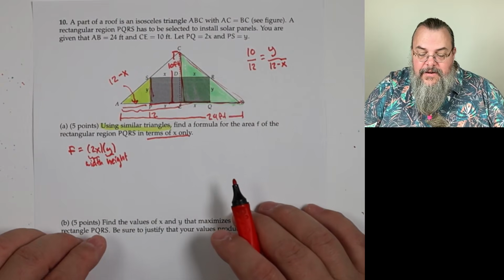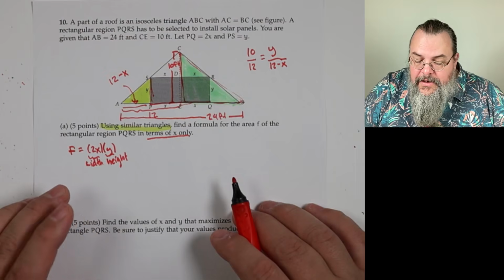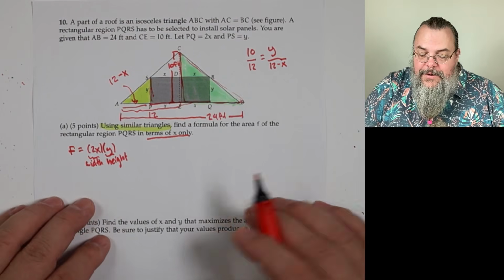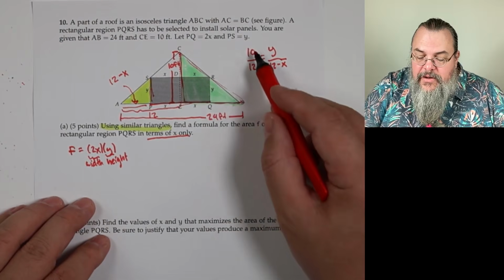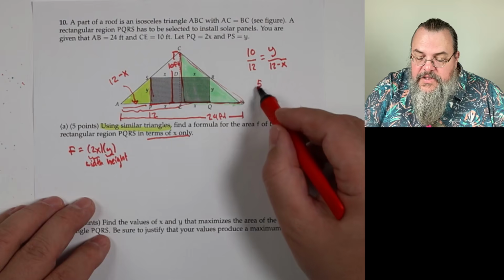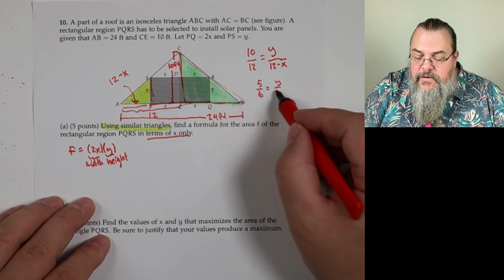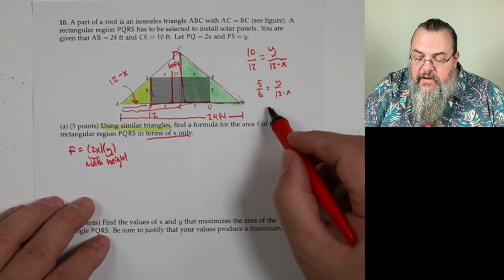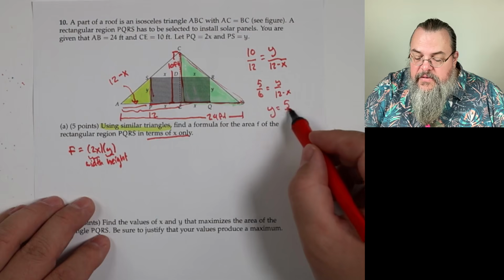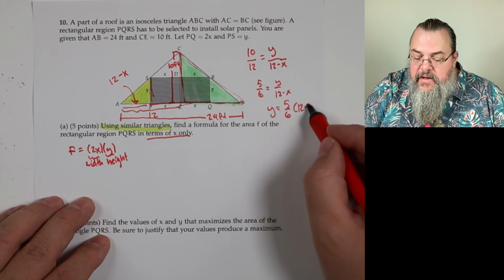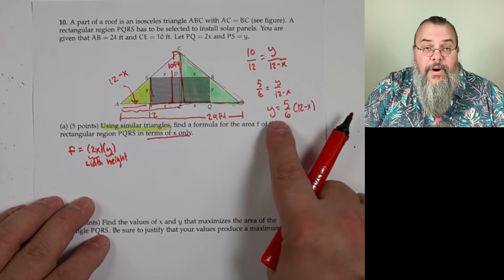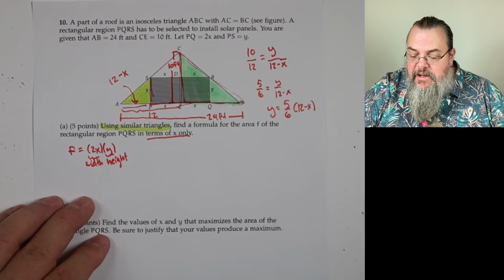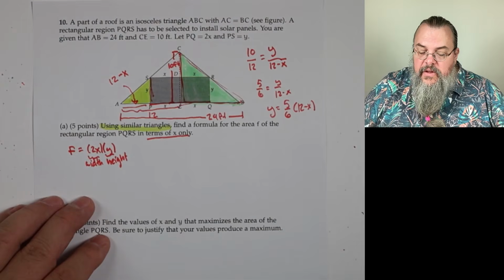And there you go. Perfect. All right. Now, what can we do? Well, 10 over 12, that becomes 5 over 6, equals y over 12 minus x. And now, move the 12 minus x across. So y becomes 5 over 6 times 12 minus x. And notice, that's y. So we can replace y with something that just involves x.